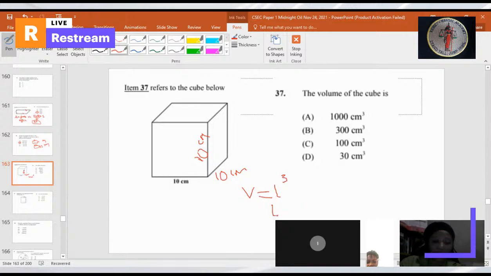But it's just that in the cube, the length, the width, and the height are the same. So we can just say length cubed. 10 times 10 times 10, and that is 1000 centimeters cubed.